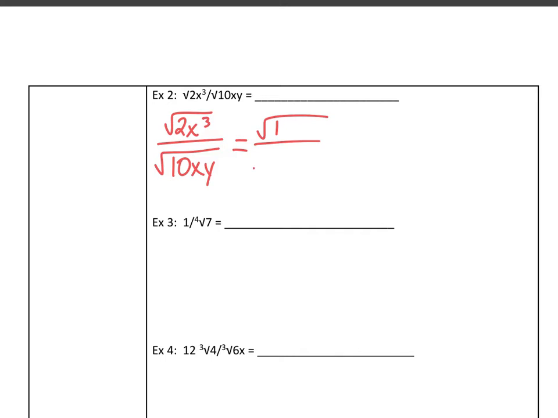So 1 over 5. And then x cubed over x is just x squared, and I'd leave that up top, right? Because it's positive already. And then we have no y's on the top, but we do have a y on the bottom. Just leave the y on the bottom. Good.